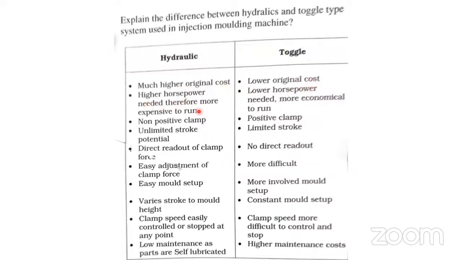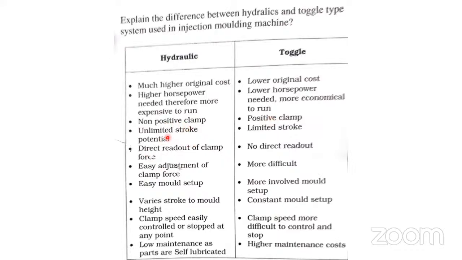Higher horsepower needed, therefore more expensive to run the machine, versus lower horsepower needed, more economical machine to run. Non-positive clamp, that we have just seen. The force varies here, right? Here positive clamp, because the mechanical links are there.